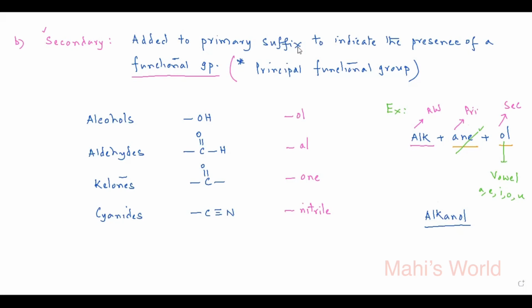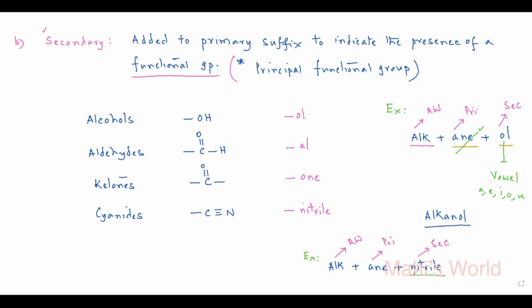This is very important. Now, let me give you one more example where it is not removed. Let's take this. Alk, the root word, plus "ane", I mean the primary suffix, plus nitrile. Now, again, this is the root word. This is the primary suffix. This is the secondary suffix.